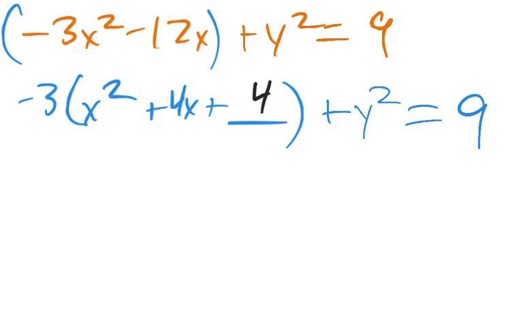Well, I just created that out of thin air. So I put a 4 on the left side. So if I have put a +4 on the left side, that means I should put what on the right side? No. A -12. Oh, I forgot about that.